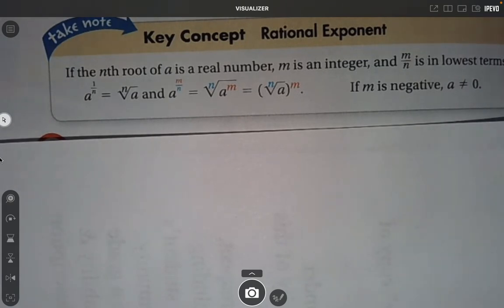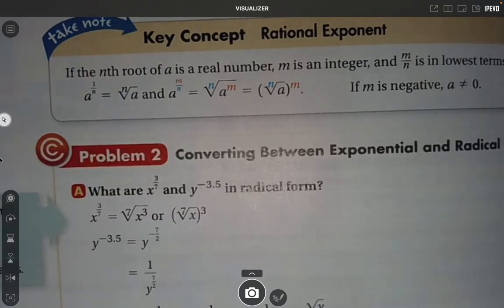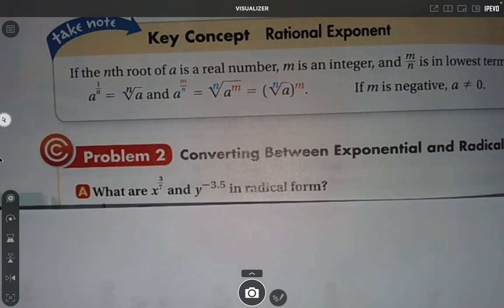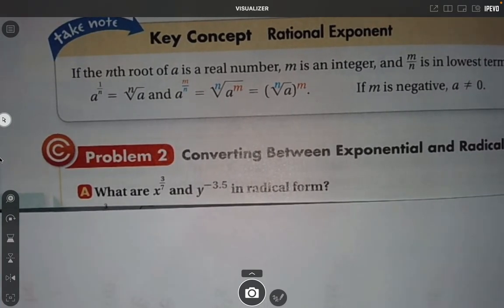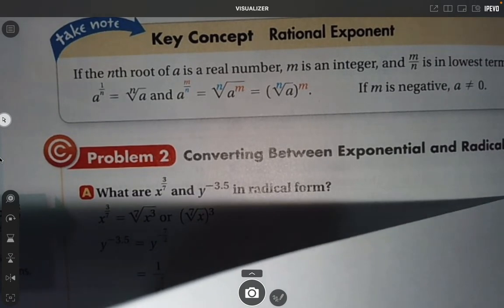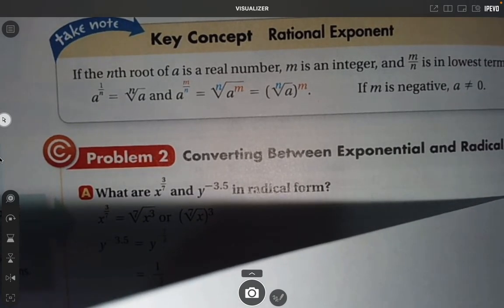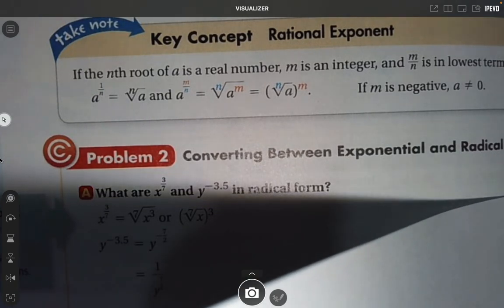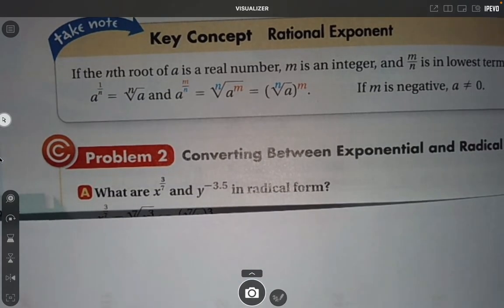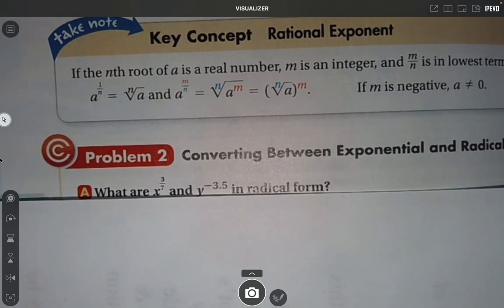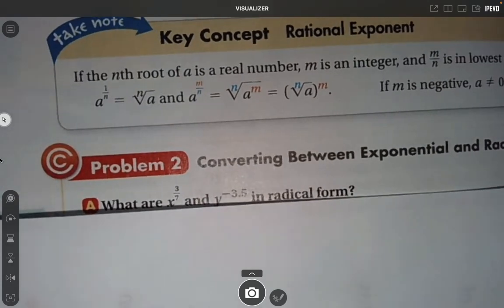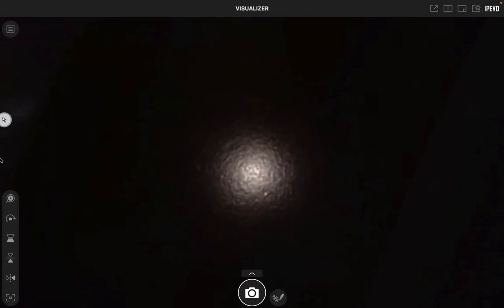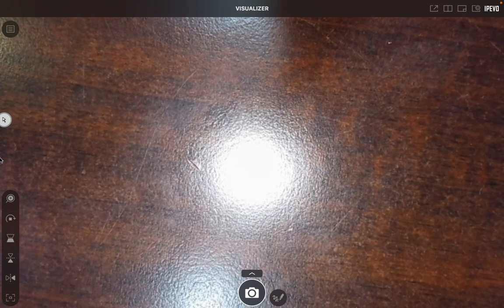All right, let's look at some problems. Oh, y'all will hate that one. Okay, we'll just do the X first. Everybody ready? I think I'm going to write it on paper. Might be a little bit better.